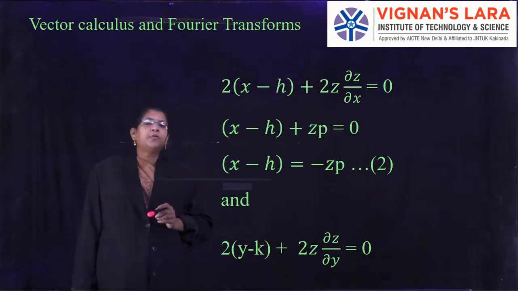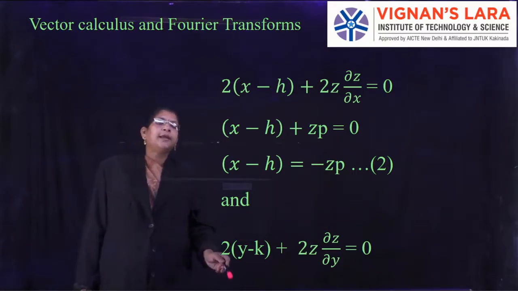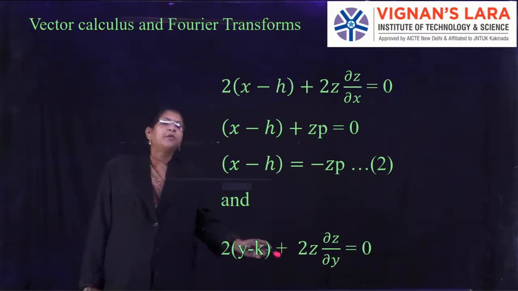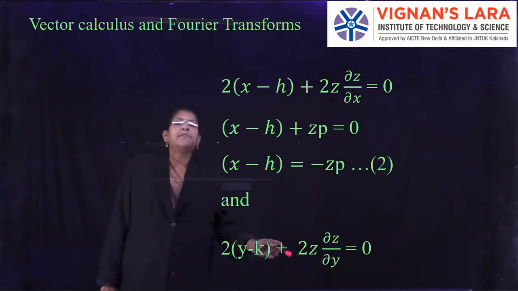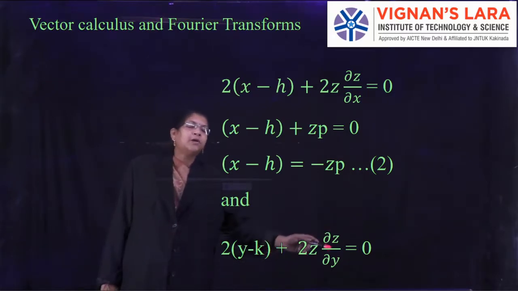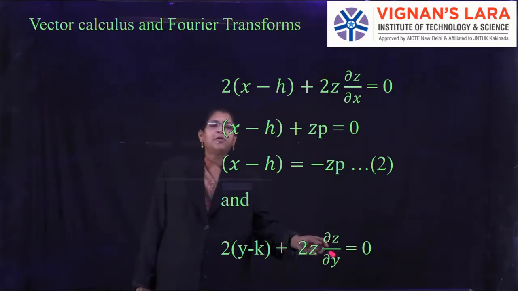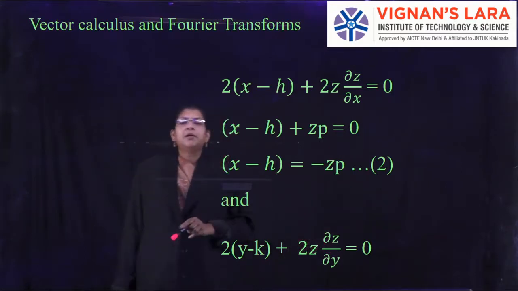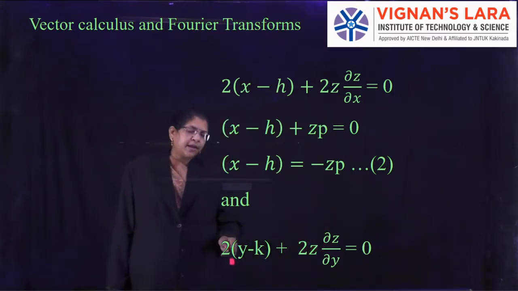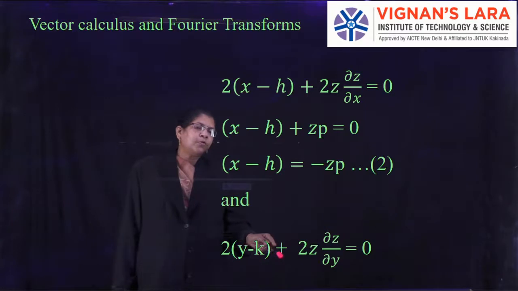It is 0, plus for (y − k)², the derivative is 2(y − k), plus for z², the derivative is 2z ∂z/∂y equal to, what is the derivative for a²? The derivative for a² is 0. So what we got? 2(y − k) + 2z ∂z/∂y equal to 0.